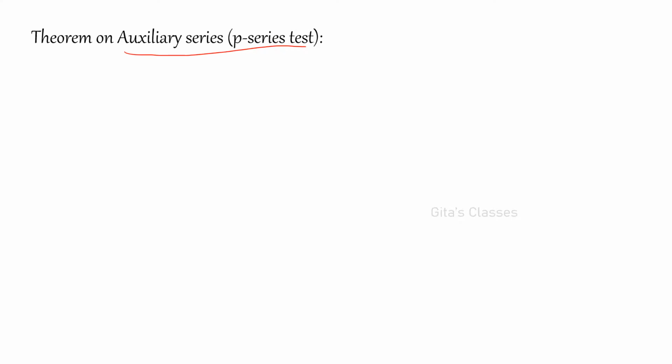This is the auxiliary series, sigma n varies from 1 to infinity, 1 by n power p, that is 1 by 1 power p plus 1 by 2 power p plus 1 by 3 power p and so on up to infinity.